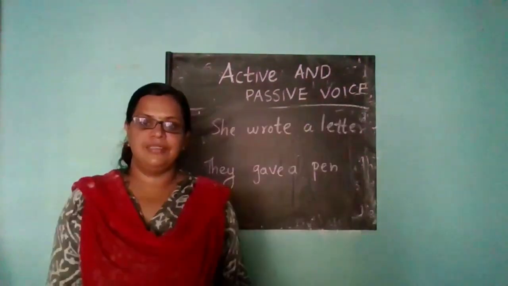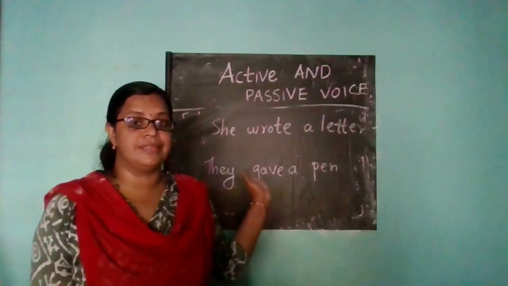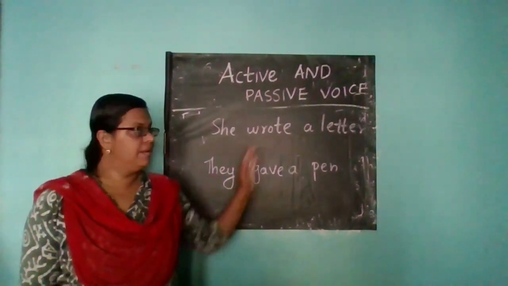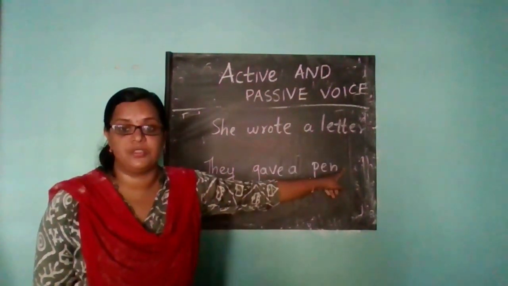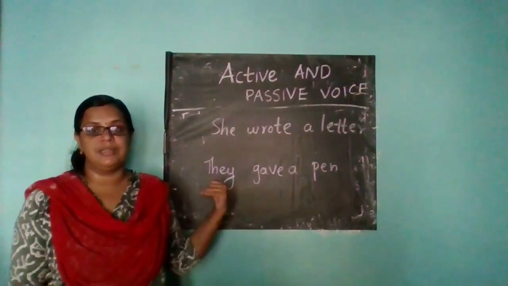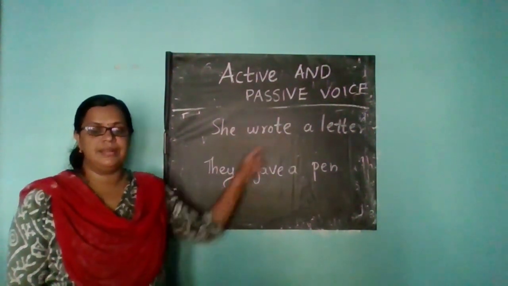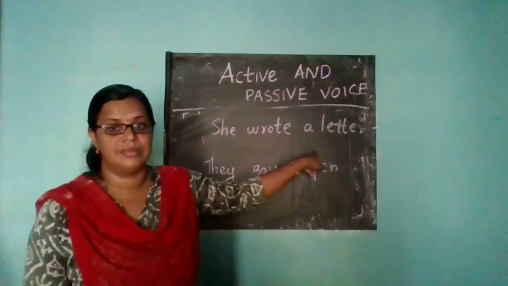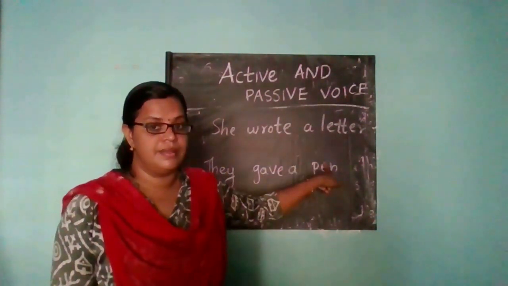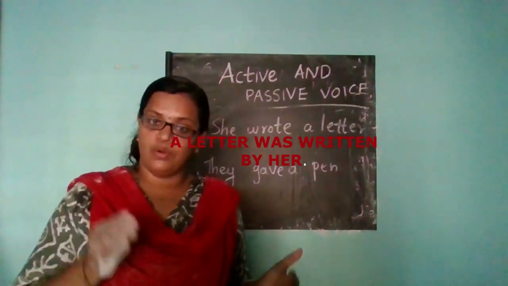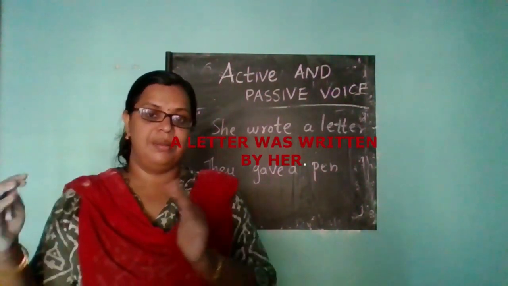Okay. Children, now you can convert the sentence into passive voice. Okay, which is the first step? You have to pick out the object and keep that object in the place of subject. A letter. Then see the tense. Which tense? Past tense. So if the tense is in past, you can use was or were plus V3.